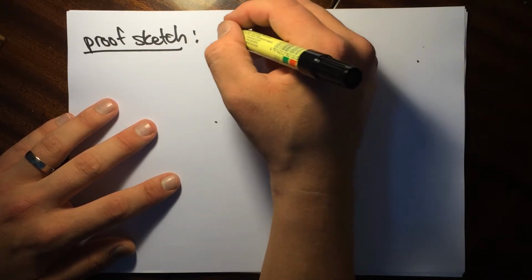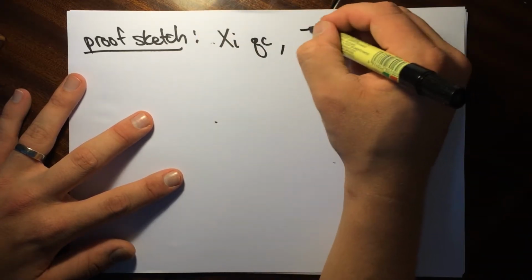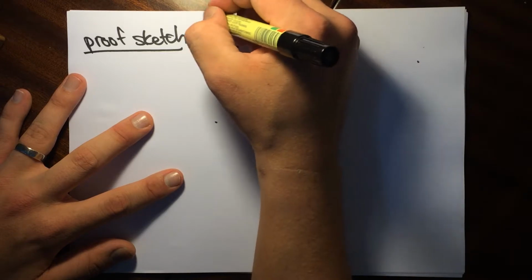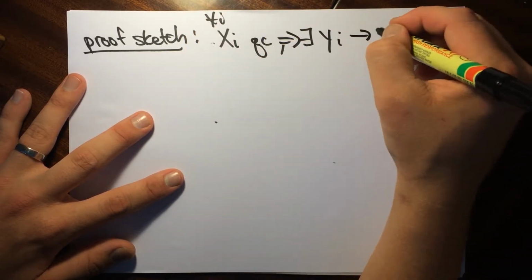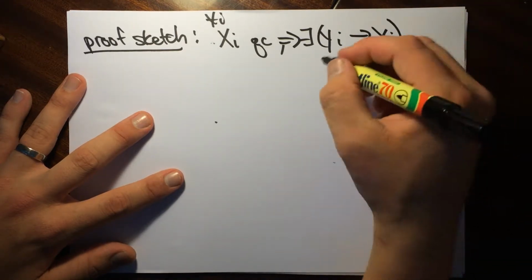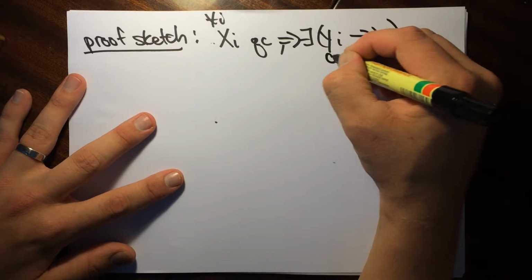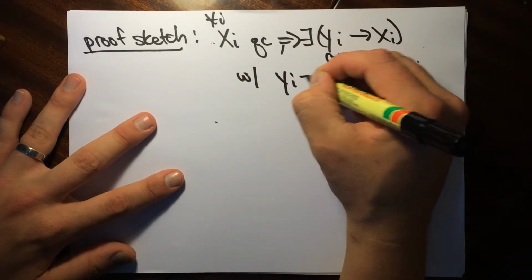Since Xi is quasi-compact, for all i there exists a Yi that covers Xi, where this is a cover that's affine.